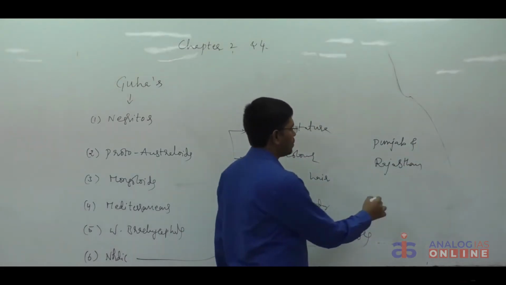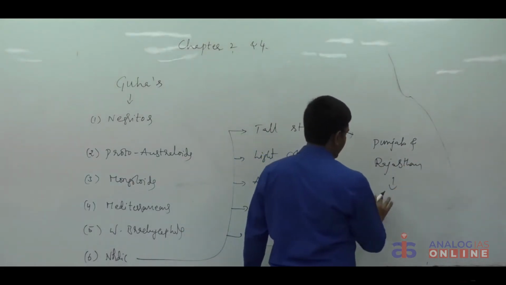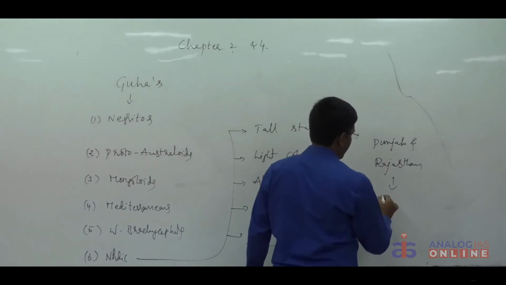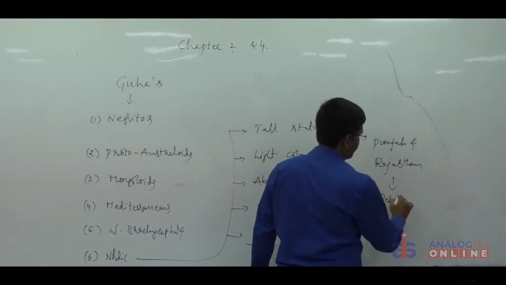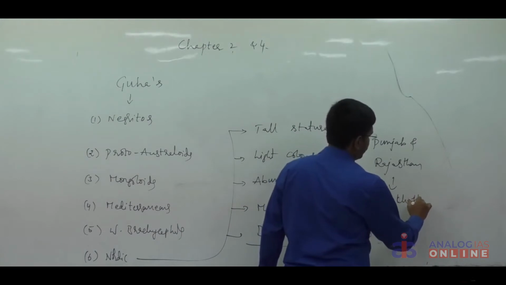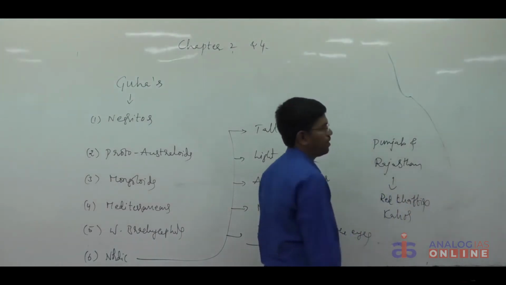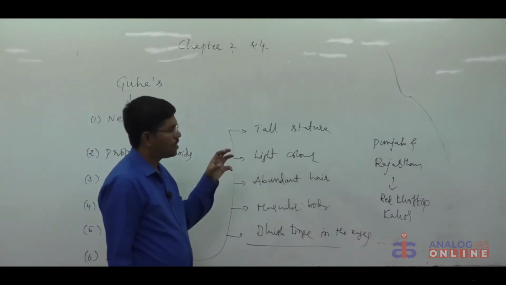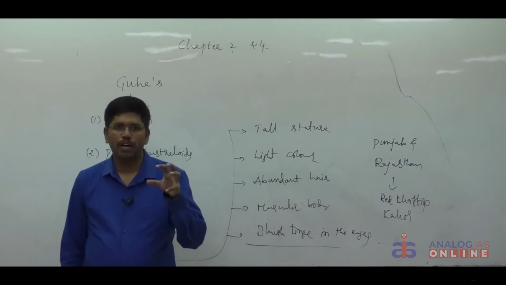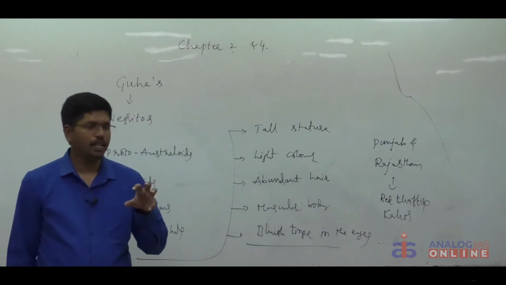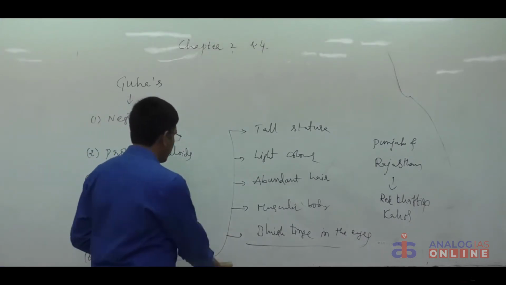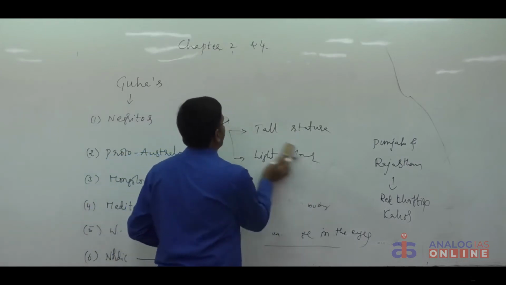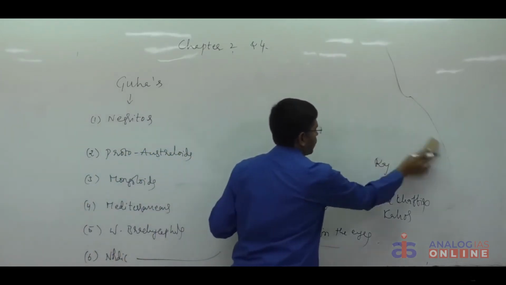There are some groups like red Kafirs, Kahos, etc. Just mention that the Nordic element is seen sporadically, that means here and there, in the Punjab Rajasthan region. This is about Guha's classification.